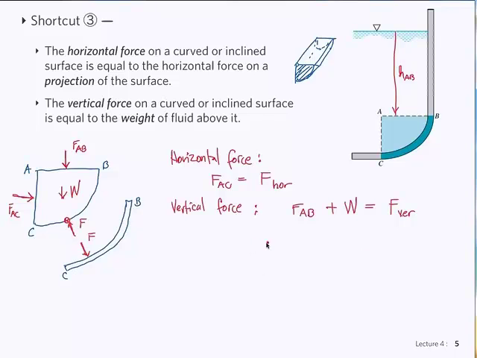So this force FAB is really equal to gamma times h_AB times area AB, which is basically the weight of the column of fluid above.